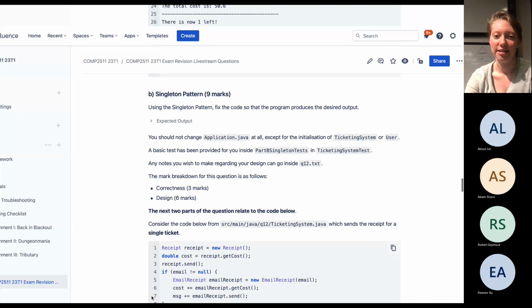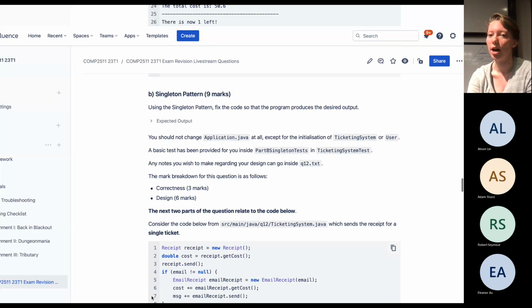And now the only thing left is, we solved one of our problems that we realized in the first part of the question. Now we have to solve the problem in the second half of the question. Now that I have synchronized spelt correctly, I'm just going to copy paste it because we have the same problem with this buy ticket method.